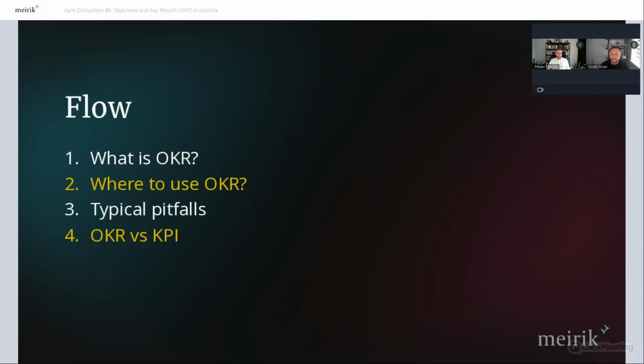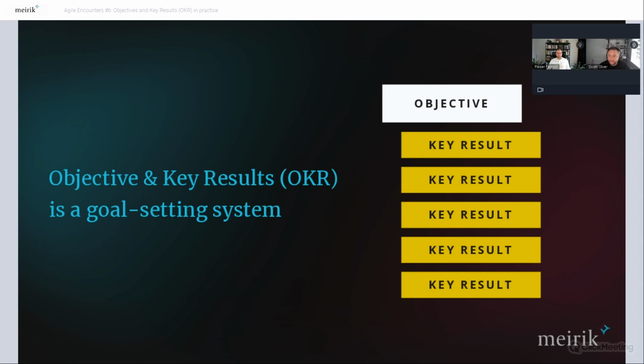First of all, OKR, as mentioned at the beginning, stands for Objective and Key Results, and it's a goal-setting system. Some of you might be familiar with the concept. Each OKR, each objective and key results, is actually a set of statements where the objective is the qualitative one. It is the desired goal, what we want to achieve in the future as a company, as a project, product, a team.